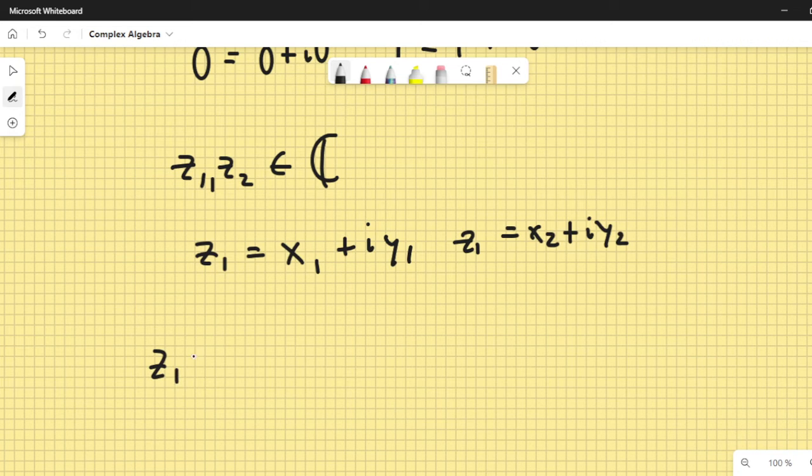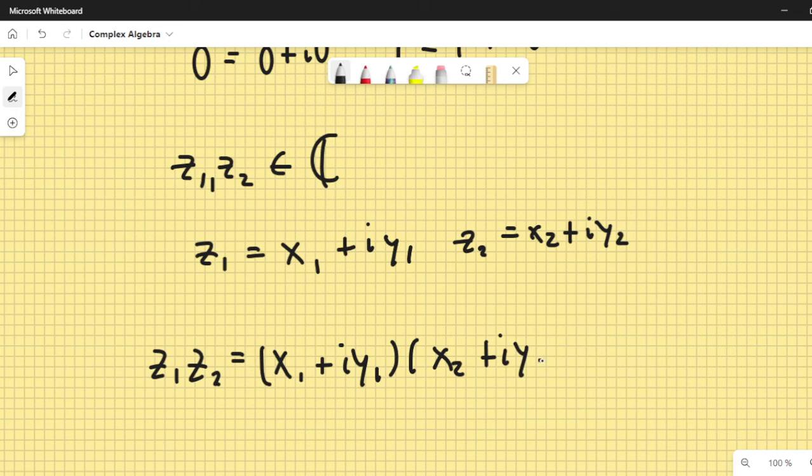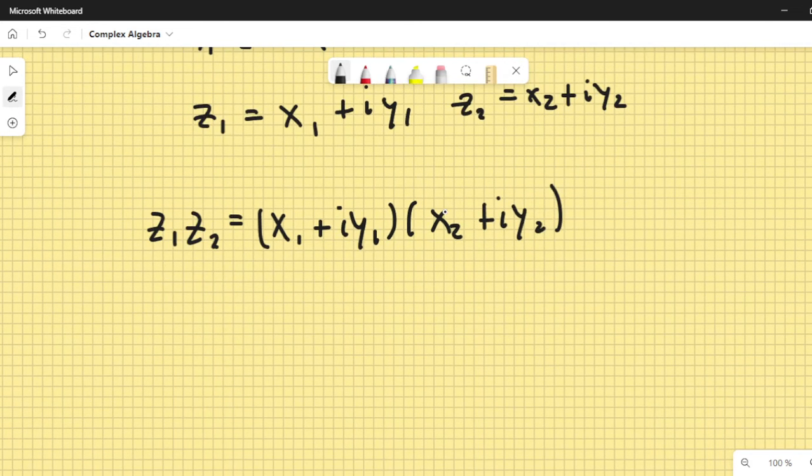If I take the multiplication of c1 by c2, I substitute c1 is x1 plus iy1, multiplied by c2, which is x2 plus iy2. You may skip this calculation, it's very quick.